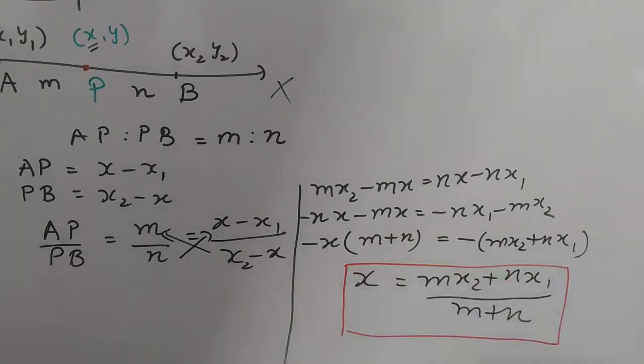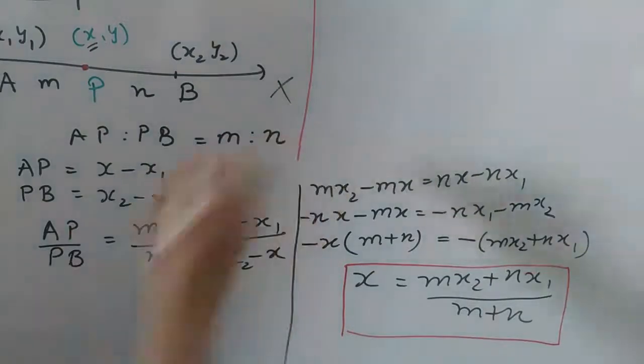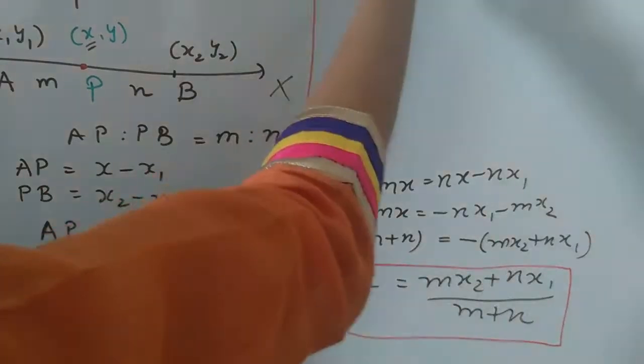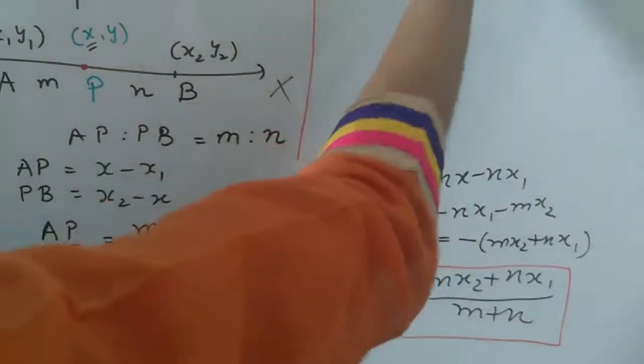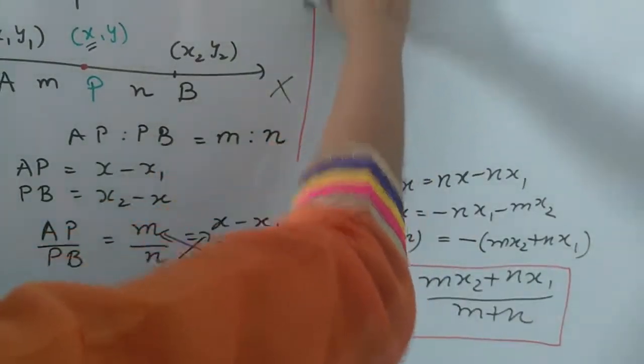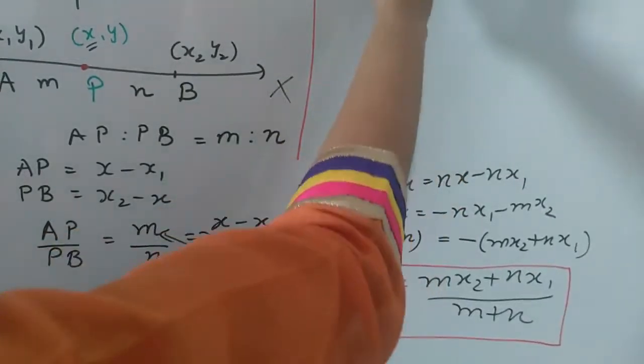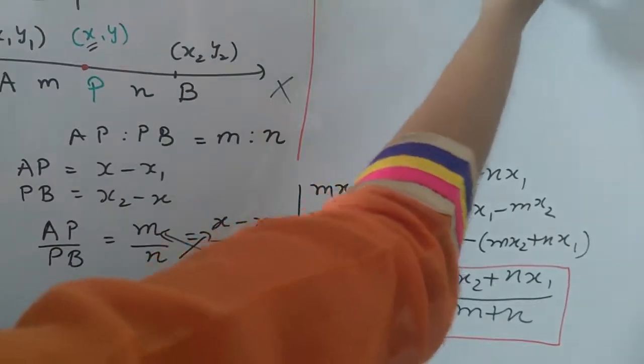So let us take one example to explain how we apply this formula. Suppose some points are given to you. Point A is (3, 5) and point B is (-2, 3).